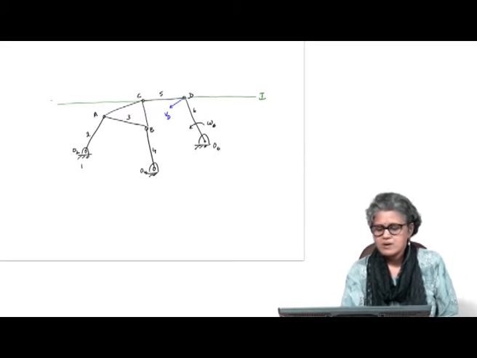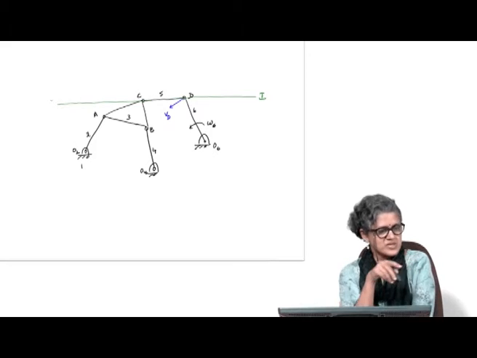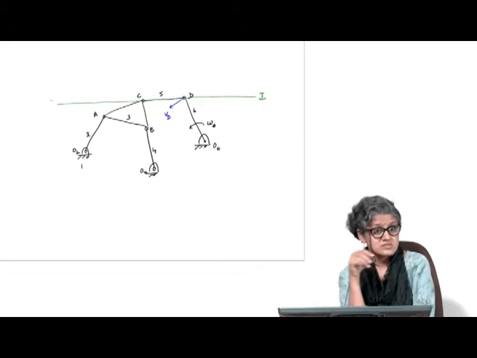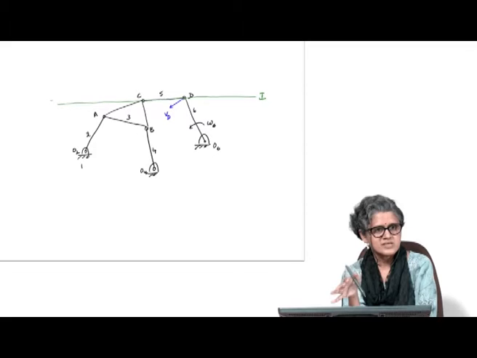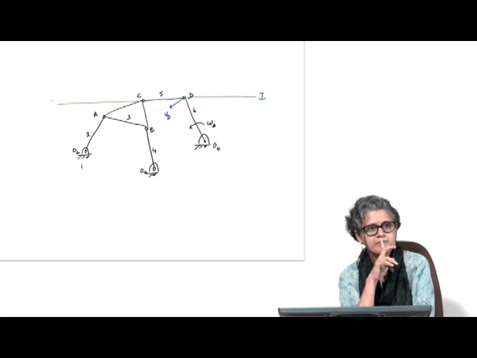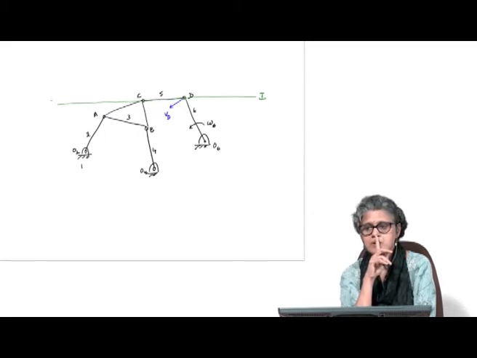Okay, now in the previous case I said I know the velocities of 3 points. In this case I know the velocity of only 1 point. How do I pick my other auxiliary lines?